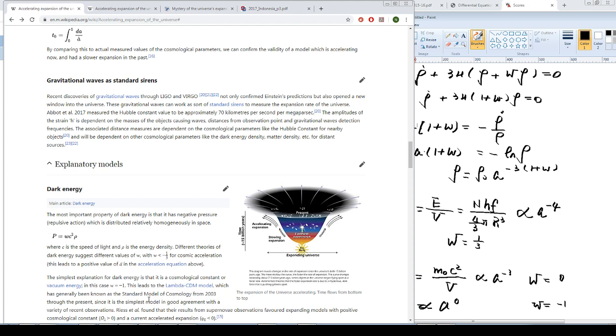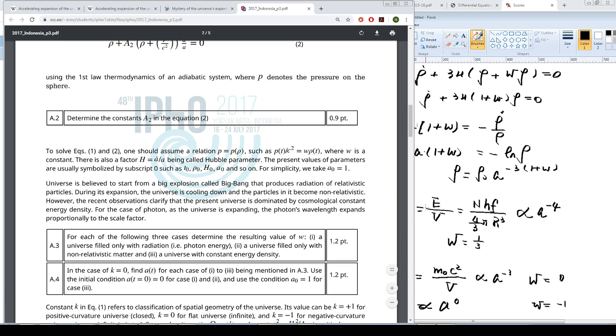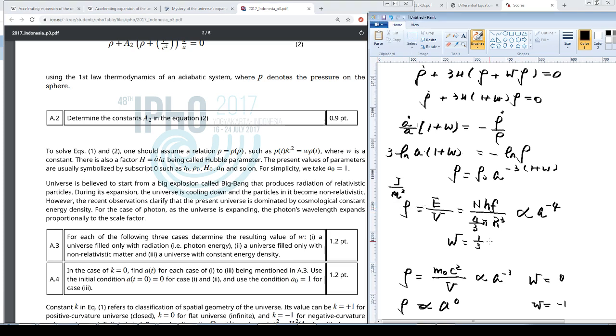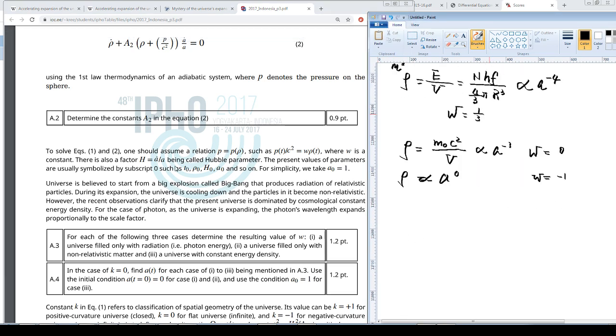Okay, well, very interesting. This question really has some interesting physics packed into it. So 3 is constant energy density due to a lot of dark energy. Mm-hmm. But we don't know where that dark energy comes from.